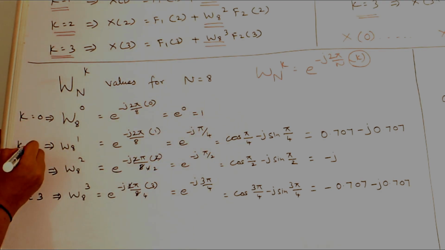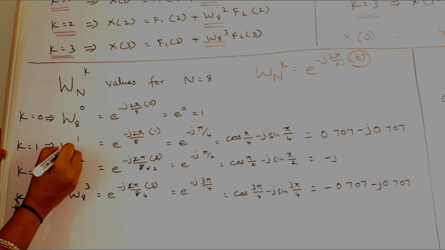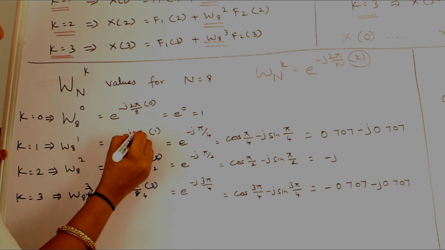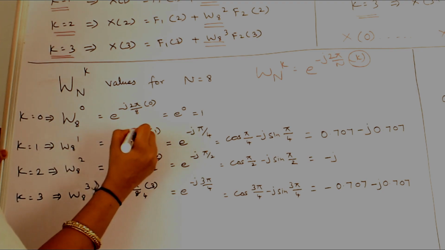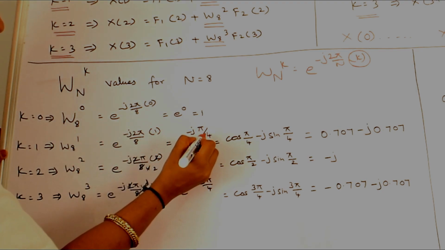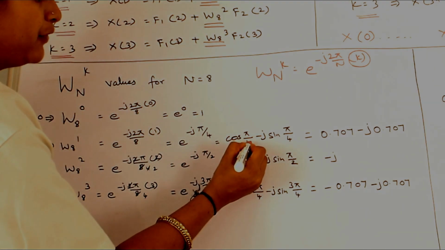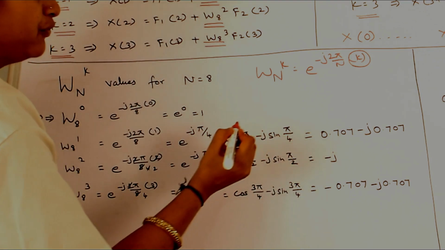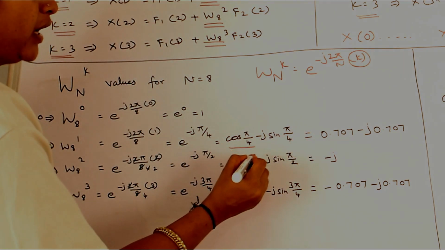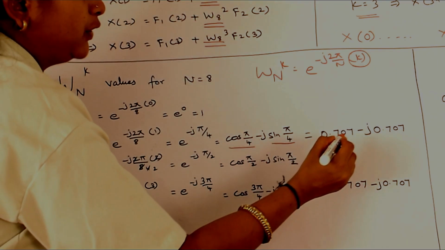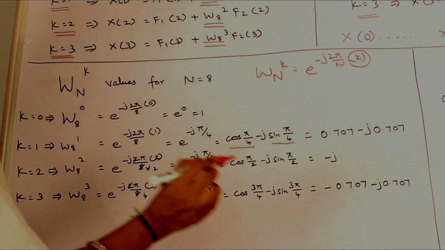When you substitute k is equal to 1, you will get w8 power 1, so e power minus j 2 pi by 8 into 1. When you cancel it, you will get pi by 4. So you can write this term as cos pi by 4 minus j sin pi by 4. So cos pi by 4 value is 0.707 and sin pi by 4 value is 0.707.